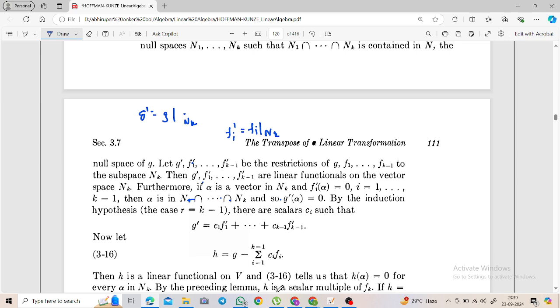So G prime alpha is also 0 because of this hypothesis. By the induction hypothesis, for k minus 1, there are scalars c1 to c(k-1). Do you understand what they are doing? They are basically saying this.